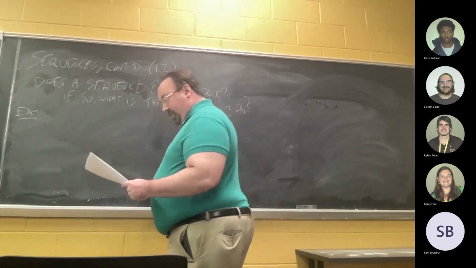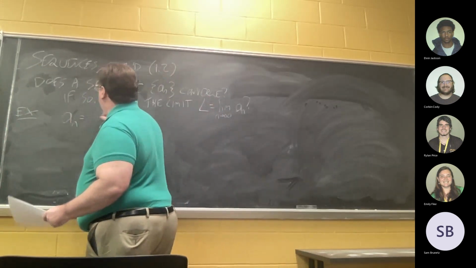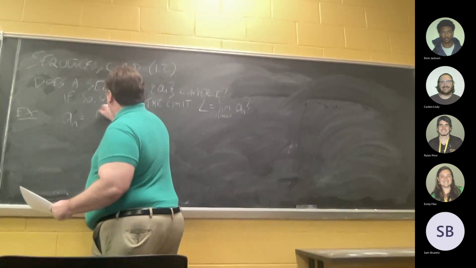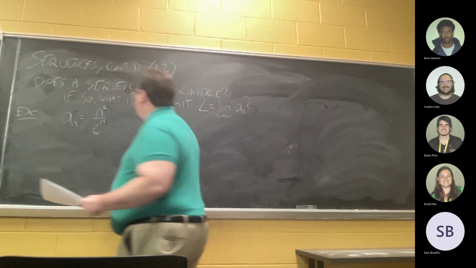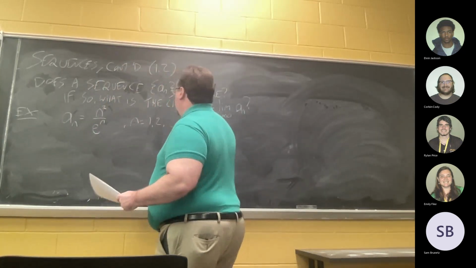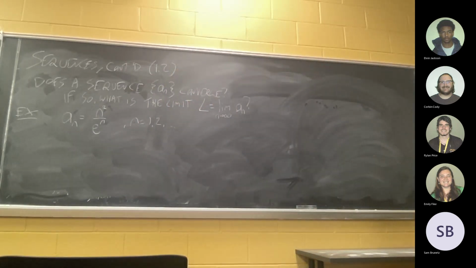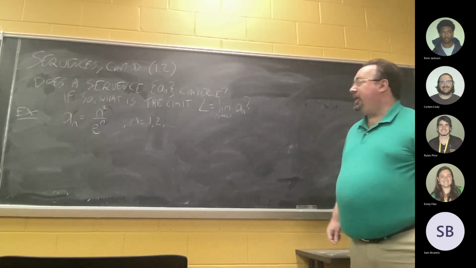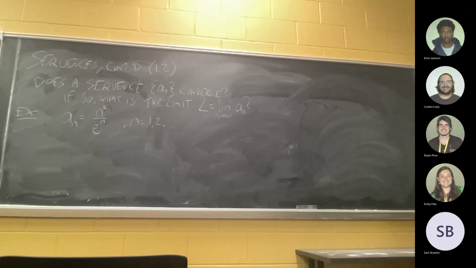So, first example, find the limit of the sequence a_n equal to n squared over e to the n, so an exponential function. Now, did anyone suggest a way to figure out what the limit of the sequence might be if it has one?